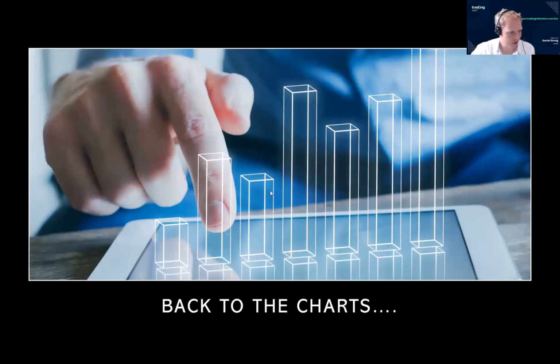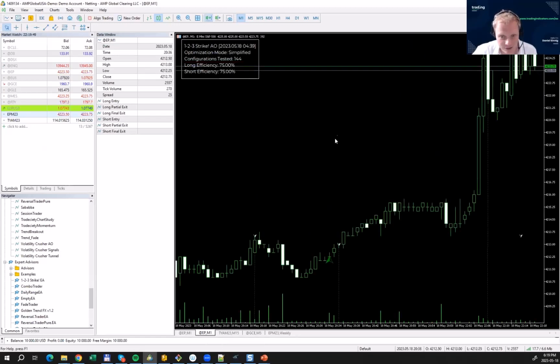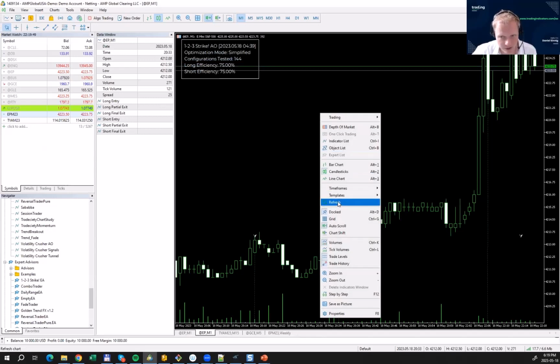So back to the charts, and let me switch over one more time to my MT5. I'm going to keep the same chart open and just apply a different indicator to it. So we're still going to be on the S&P 500 E-mini futures contract on the 1 minute time frame, but now I'm going to load our latest generation of the indicator to it. Let me just quickly refresh this.